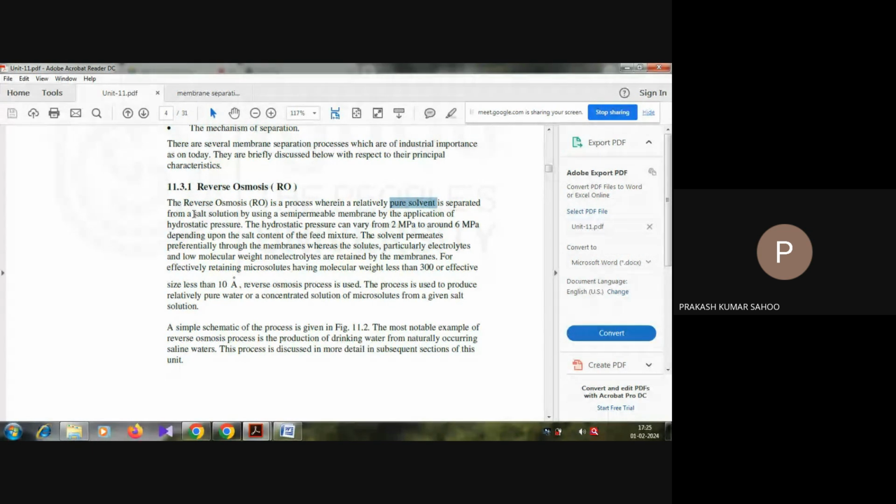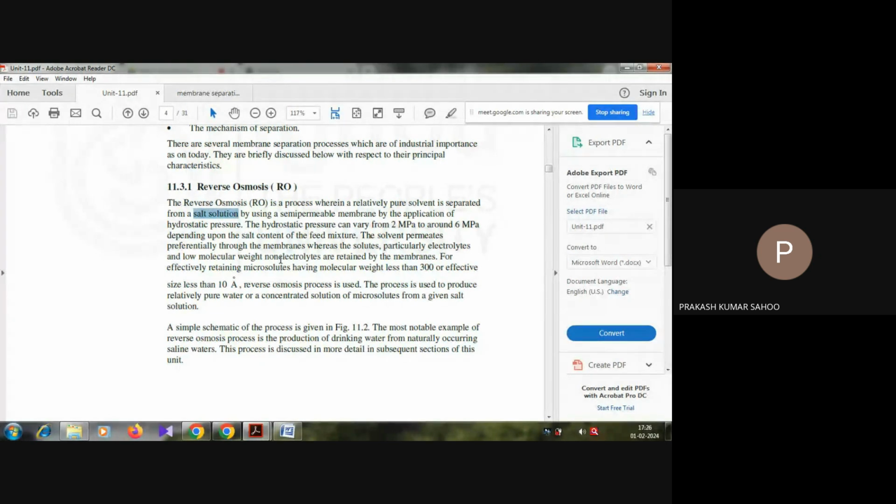Salt solution means higher concentration, where the solute percentage is more, by using a semi-permeable membrane and the application of hydrostatic pressure. So here the pressure of water or solvent is hydrostatic pressure, and here we get pure solvent, that is pure water with low concentration of the solute, from the salt solution, that is ordinary water with more concentration.